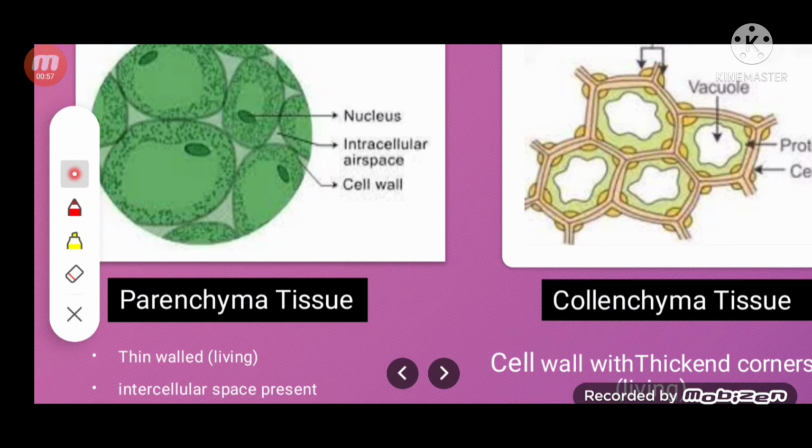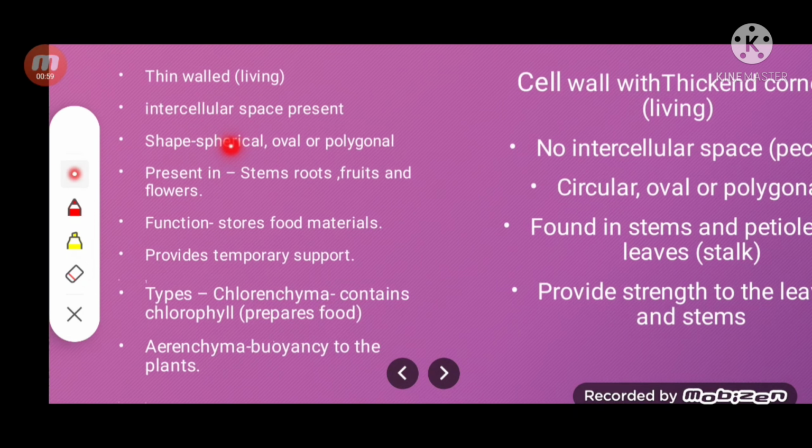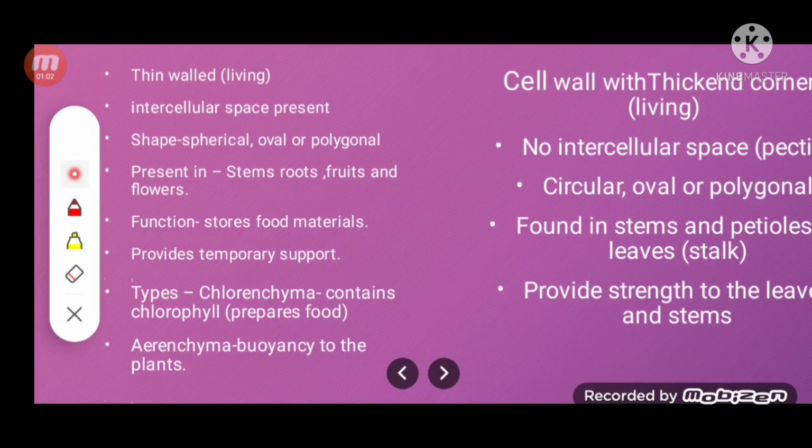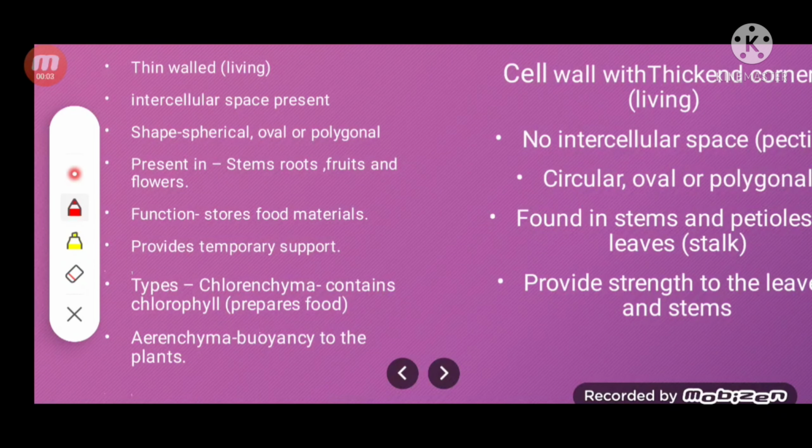Now about their shapes, in which shapes could they be found? They could be found in spherical, oval or polygonal shapes, and they are the most abundantly found cells, found in stems, roots, fruits and flowers, means all the parts of the plants. Now about their function, they provide temporary support and they also store food materials, and they have two categories: chlorenchyma and aerenchyma. Chlorenchyma contain chlorophyll.